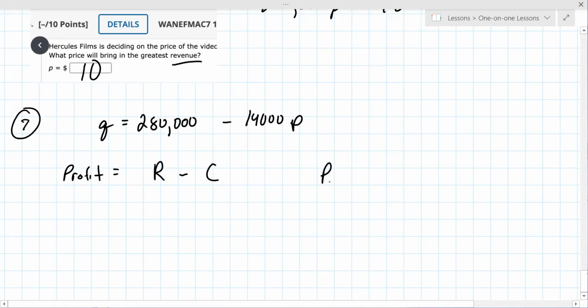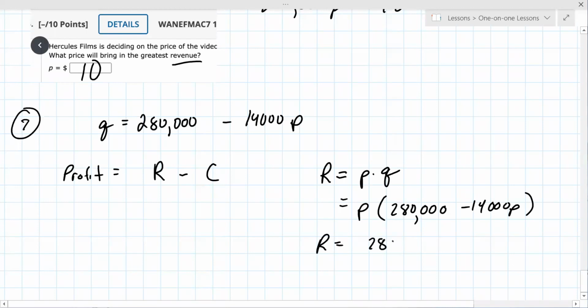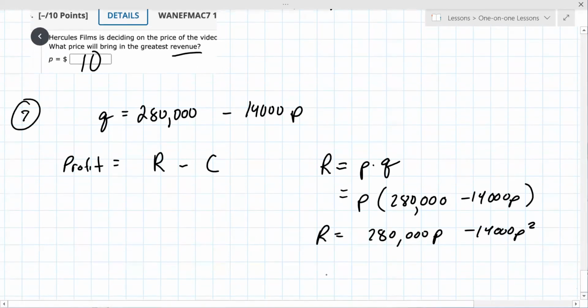And we know from the previous problem that revenue is price times quantity. So a lot of letters, but price times 280,000 minus 14,000 p. That's our revenue. So the revenue is 280,000 p minus 14,000 p squared. The cost, that's something new, but they tell you that each copy costs $4 to make. So C is equal to $4 times P.